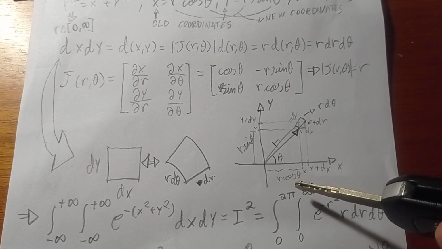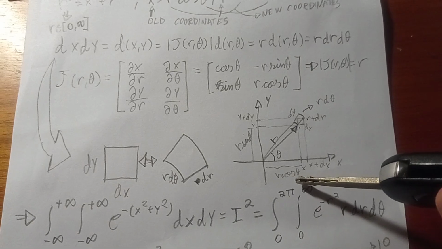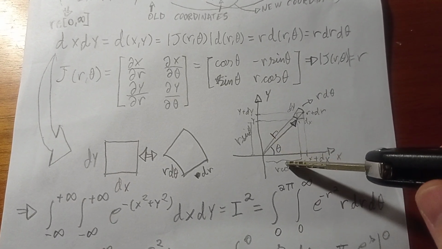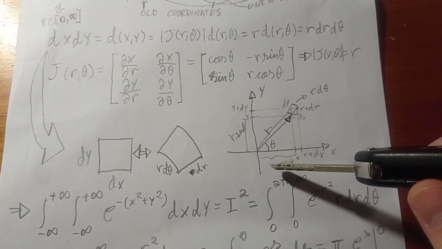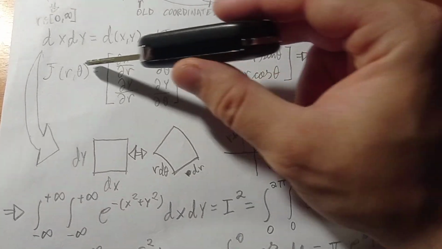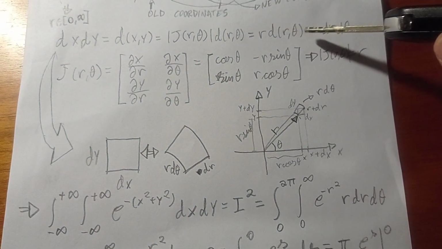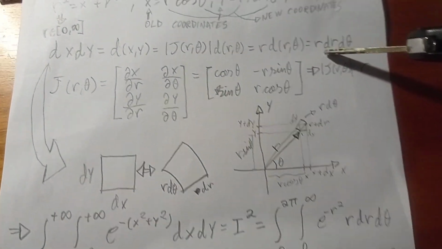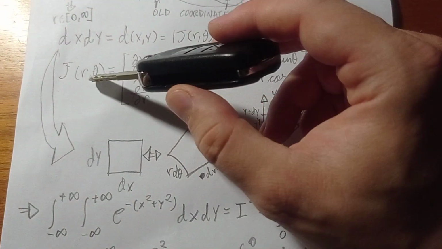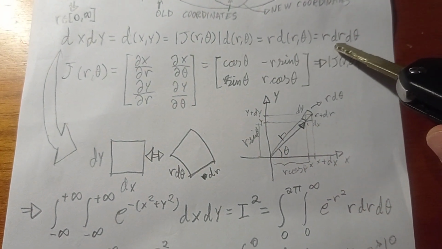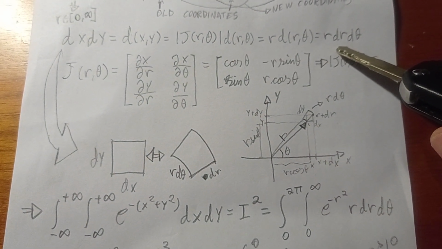As you can see, we explicitly make notice of what each side is, and to link the Cartesian with the polar infinitesimal elements, we use the Jacobian so that we can express everything in terms of the new coordinates.